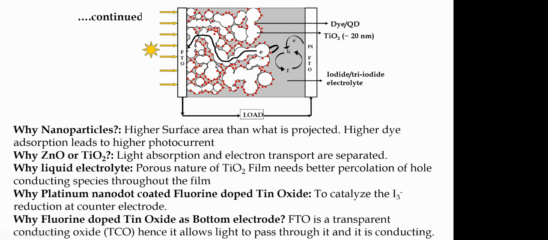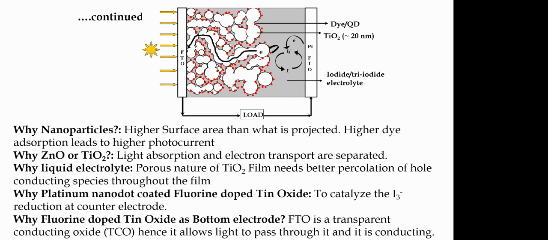People are trying to come up with solid state dyes, but then integration of nanoparticles as well as the dye molecules becomes a challenge, and people have reported poor efficiencies in those.